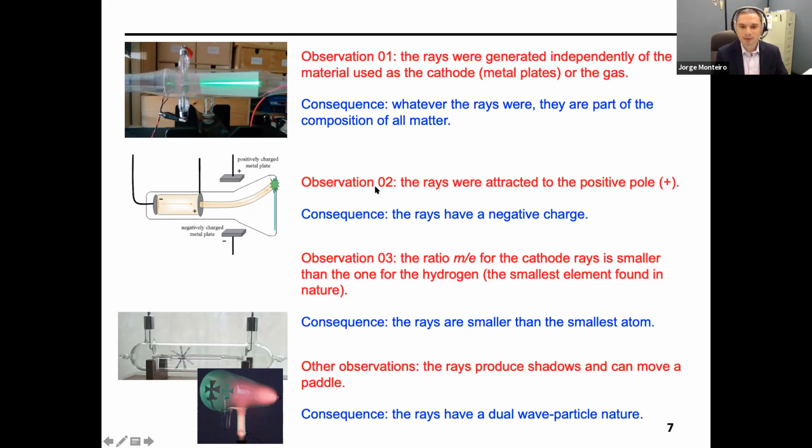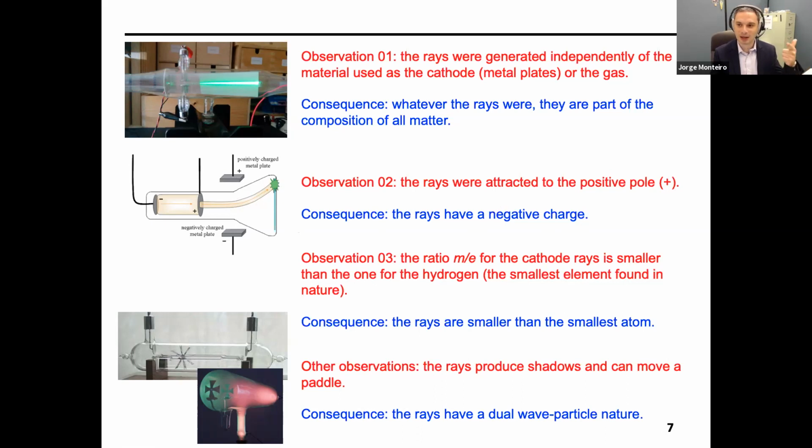Second observation, the rays were attracted to the positive pole of the plate here. So if the rays were attracted to the positive pole, the charge of the rays are negative. So therefore, we have something that is part of the composition of the matter, okay, so part of the atom.